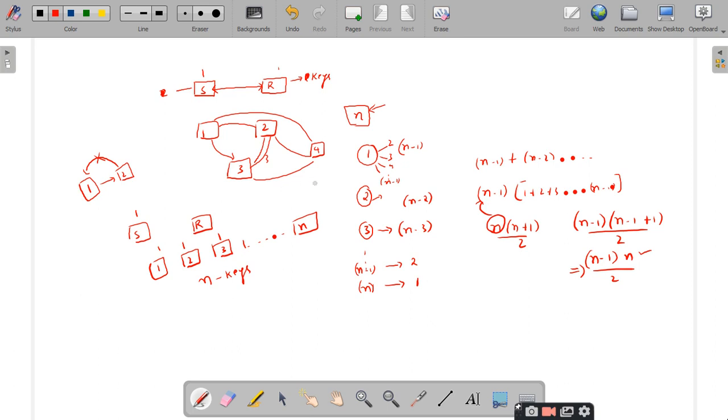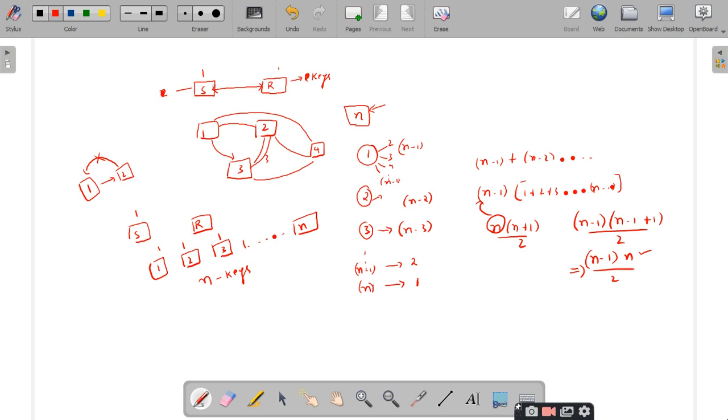Is it clear how this value has been generated, how it is n into n minus 1 by 2? In symmetric key cryptography, the sender and receiver share the keys. Once a secret key is shared between a pair of members, the reverse is not necessary.